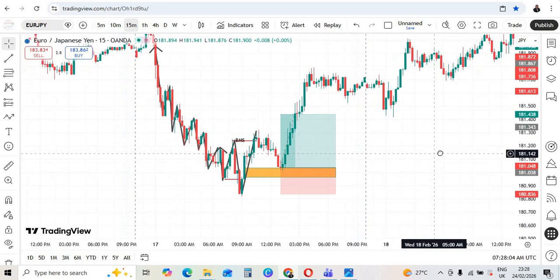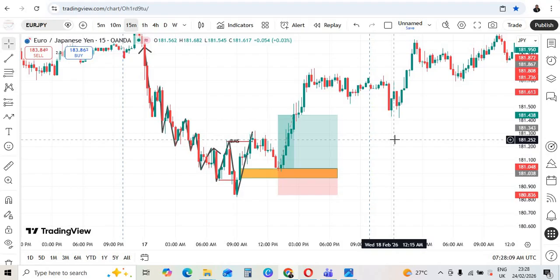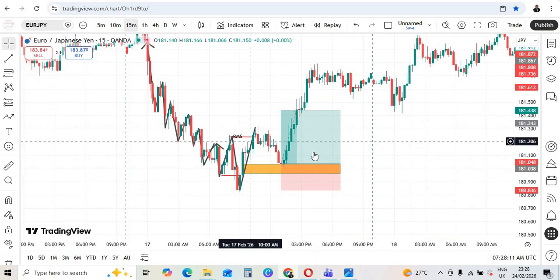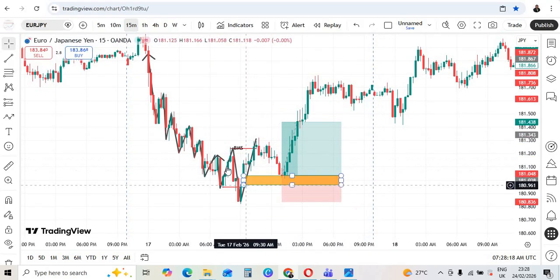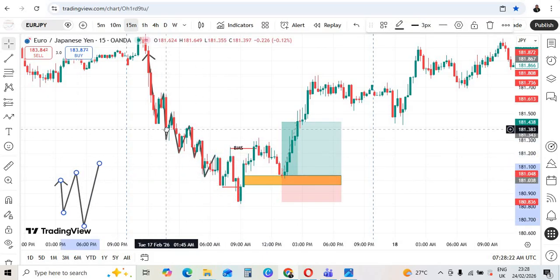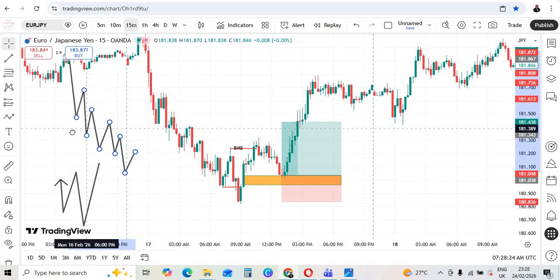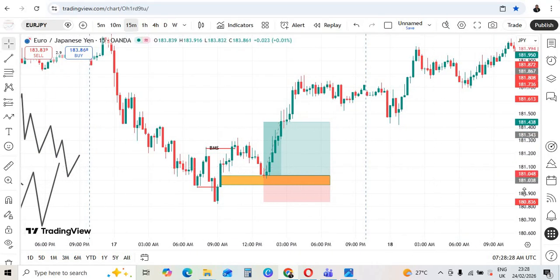Don't forget, we are using those two patterns. Those two patterns I actually used before I entered this trade. Let me remove this. If you look at this clearly, you will see that this is on a 15 minutes time frame.